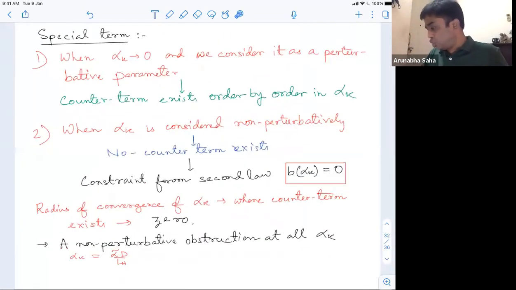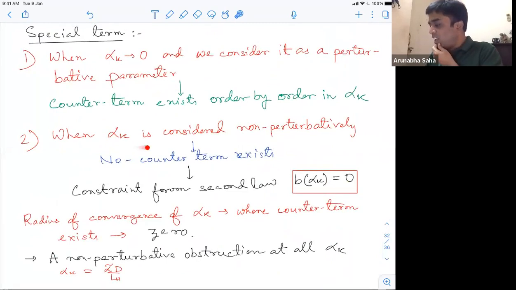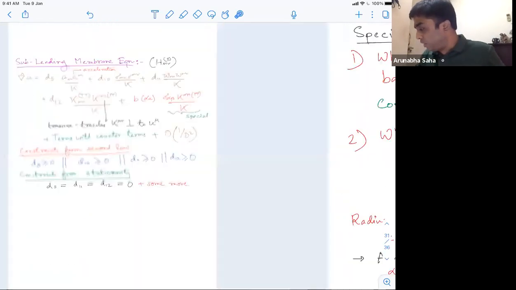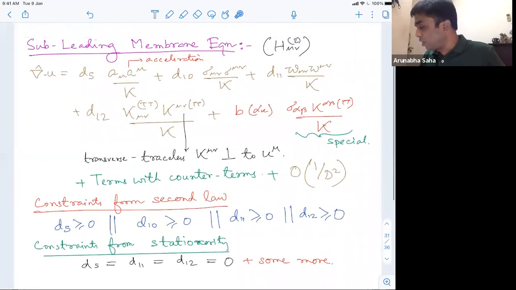But if you consider alpha k to be a non-perturbative parameter, even if it is small, you find that there is no counter term. So constraint, and also the fact that this is a product of two different objects, it's not very easy to see that this should be a positive definite quantity.